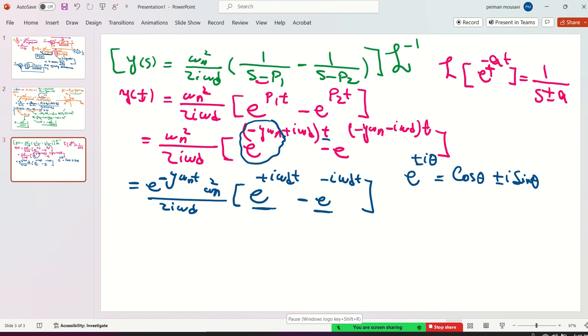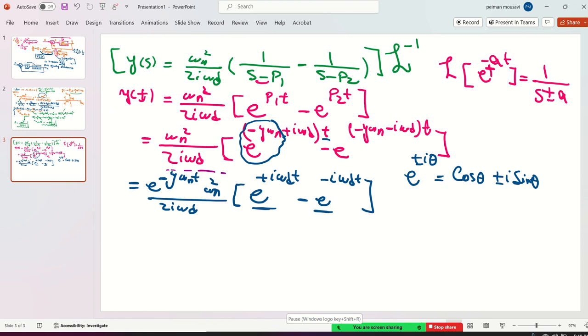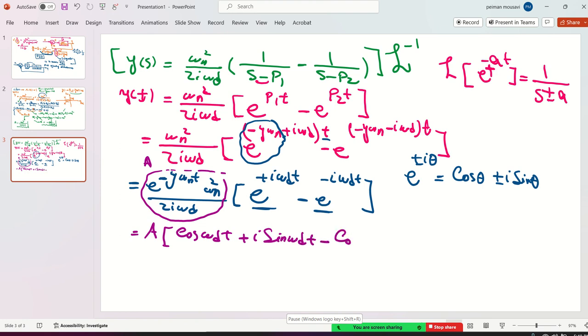So let me call this as parameter A to avoid writing multiple times. I'm saying this is A. So it's going to be A times (cosine omega d t plus i sine omega d t) for the first term, and again (cosine omega d t minus i sine omega d t), because here's going to be minus. Bye-bye to New York.